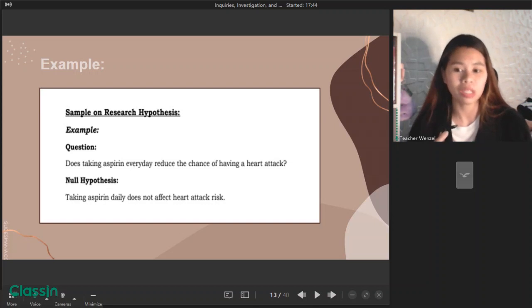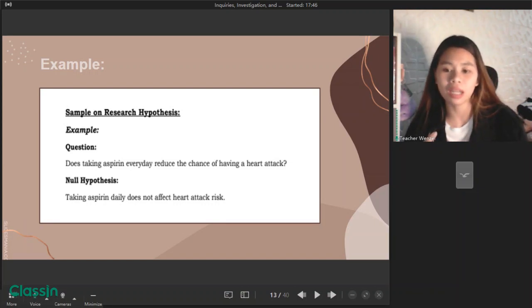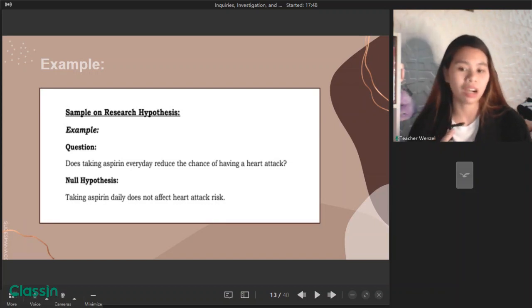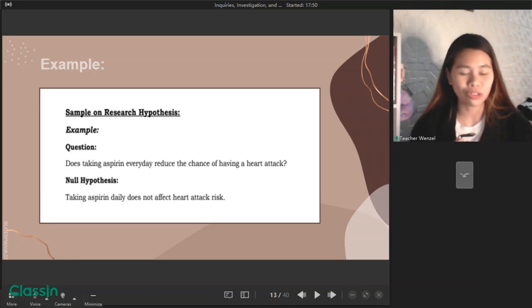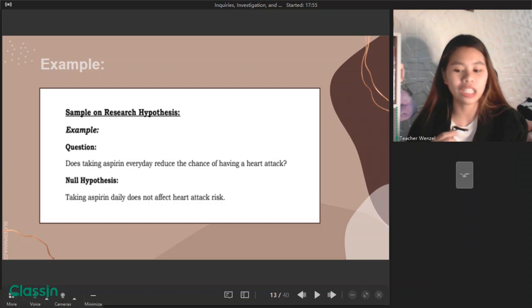So your null hypothesis: taking aspirin daily does not affect heart attack risk. There are different types of hypotheses, depending on the nature of your research and what you expect to find, of course. So in our example, we have the null hypothesis, which suggests that there is no relationship between variables.